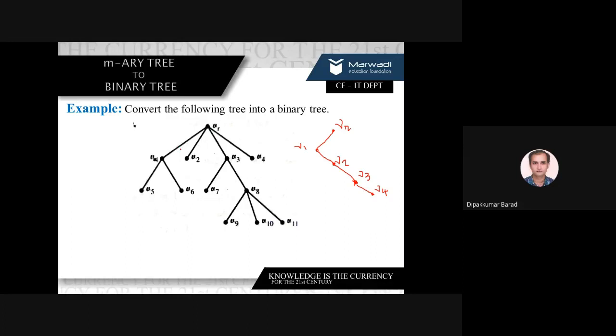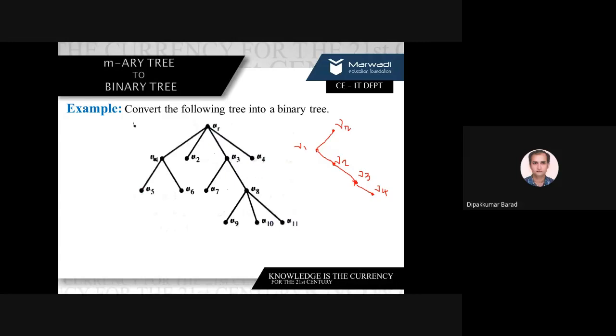Now V1, which is a root, has its left child V5.